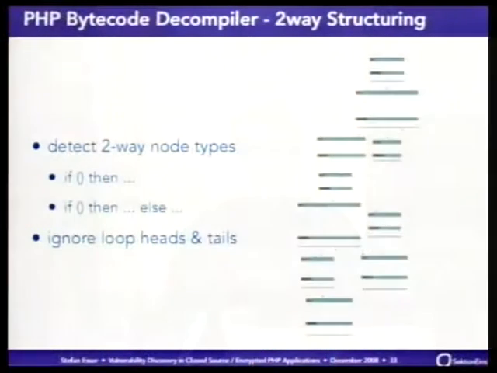Now this means that you have detected 2 loops in the PHP function that are nested. After detecting the loops, you want to detect all the if statements, and therefore you just look at every node that has 2 follow nodes, and then you try to detect if it's an if-then or if-then-else.